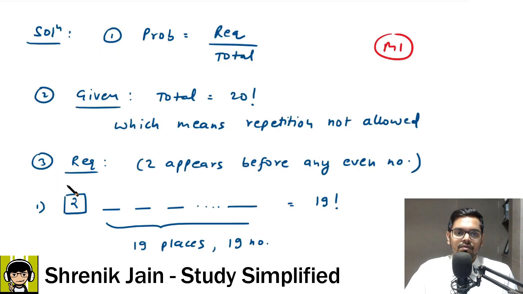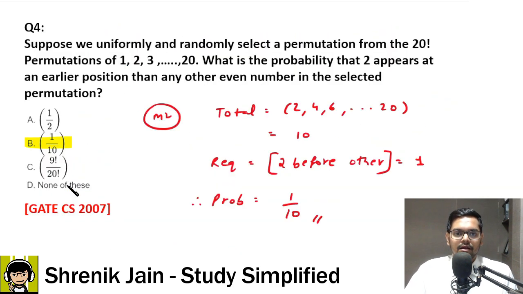So is there any other way to get the answer? Indeed. You can use a very simple logic method too, a trick, a very simple logic. Since it is uniformly and randomly done, it is a uniform distribution, equiprobable for every digit. They are asking the probability that 2 appears at an earlier position than any other even number in the selected permutation.